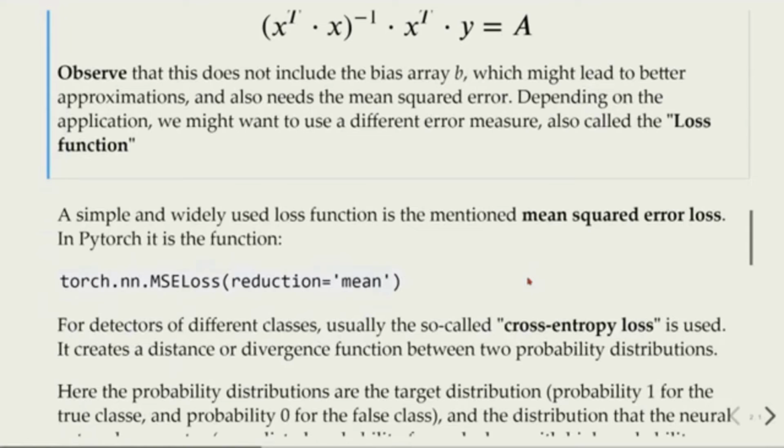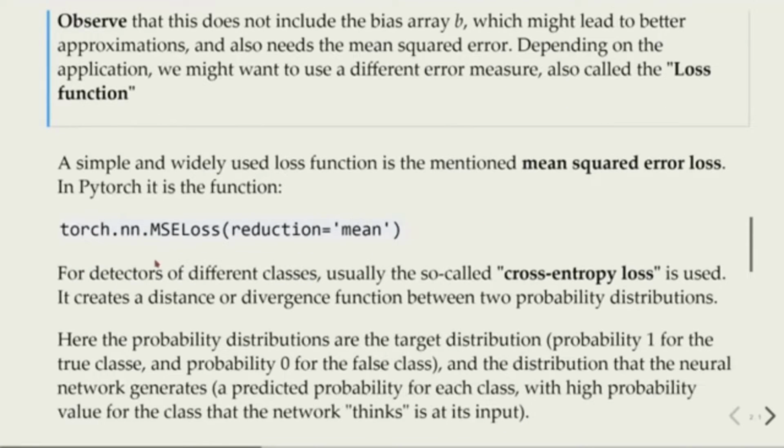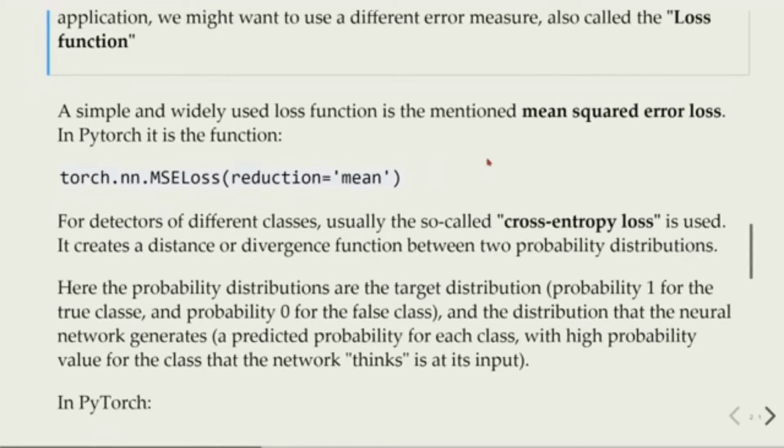A simple and widely used loss function is the mentioned mean squared error loss. PyTorch has this function implemented as mean squared error loss. For detectors of different classes, usually the so-called cross entropy loss is used. It creates a distance or divergence function between two probability distributions.